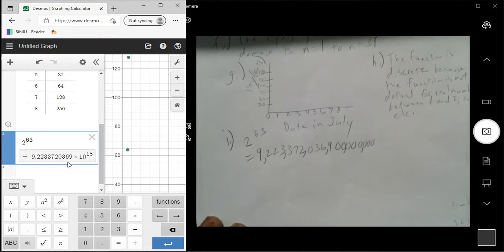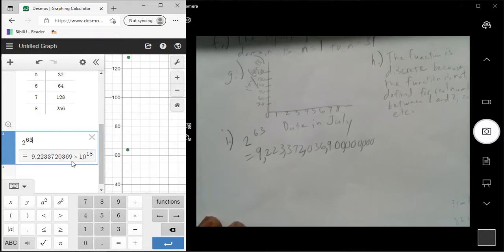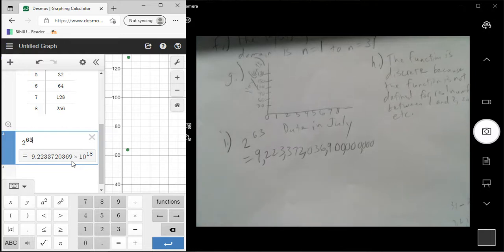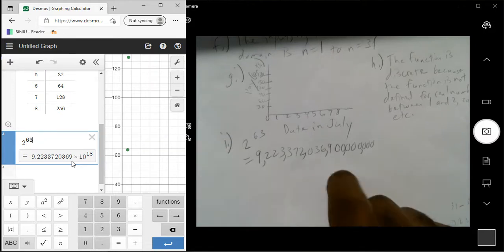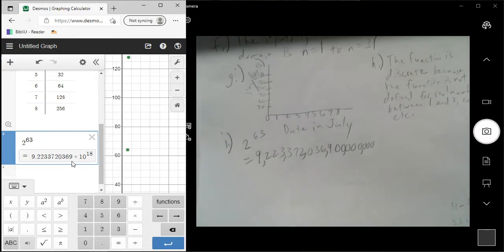Wait a minute. Oh, ours didn't go up to the 854. It rounded to 9. So it'll be 900 million. Because it's actually supposed to be 854,775,808, but this actually rounded the value on Desmos. So this would be the answer using Desmos.